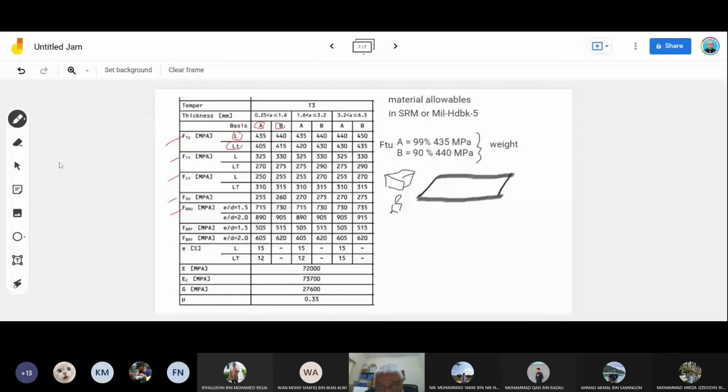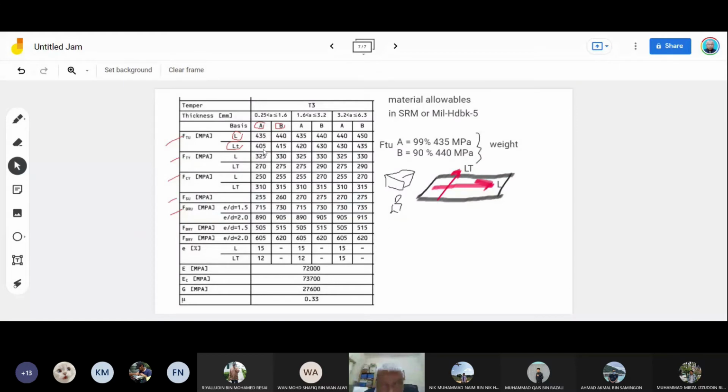So the drawn direction here is L, and the direction 90 degrees to it is LT. L, LT. So you can see L here is 435.